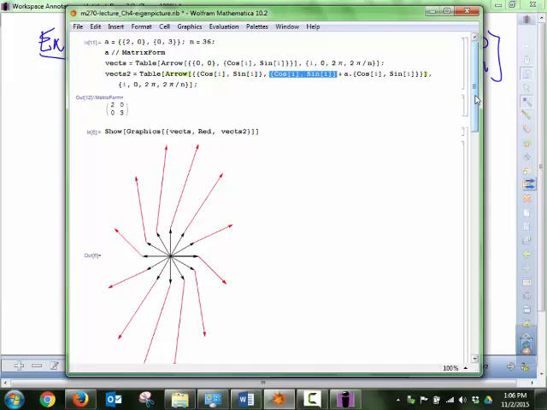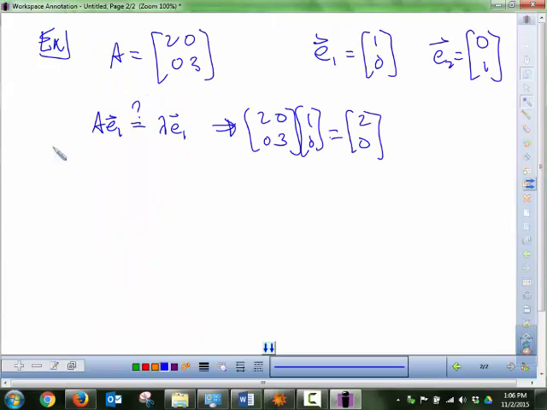It doesn't have to be the same, but it should be, lambda is a scalar. So according to our calculation, this looks like it's 2 times 1, 0, which is 2 times E1, which makes this into an eigenvector.